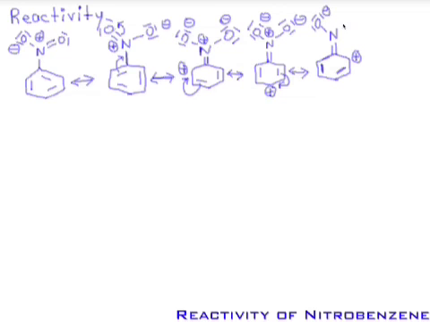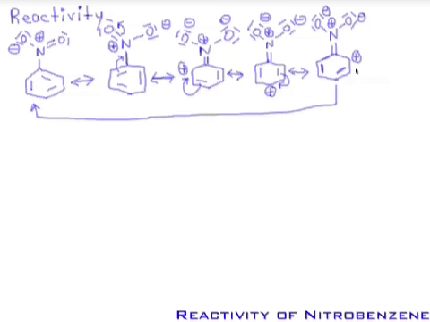We got negative. Oxygens have negative charges and a positive. And so we now can move back to one of these two structures. We can actually go back to this one. Okay, so there you have the resonance contributors that allow us to understand the reactivity.